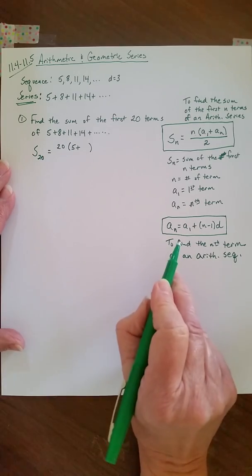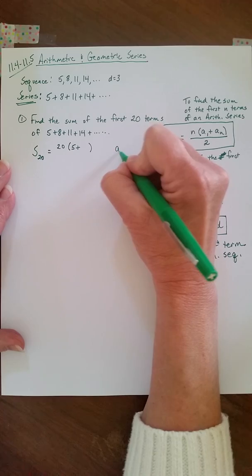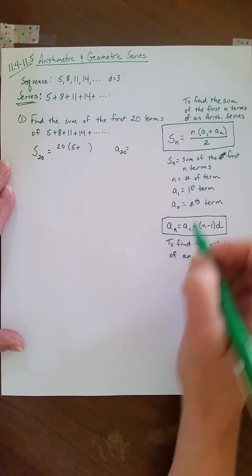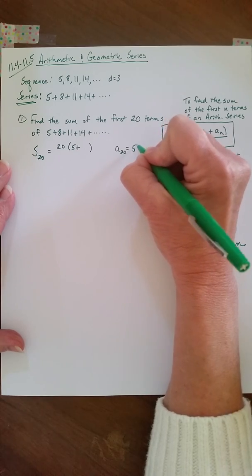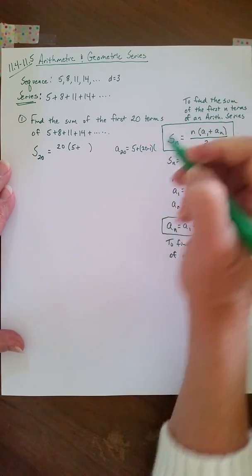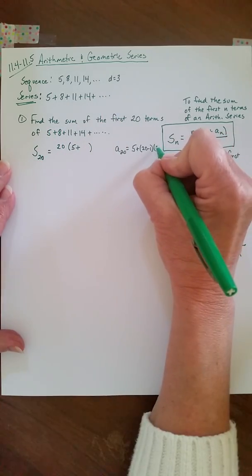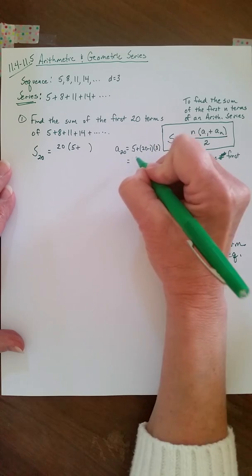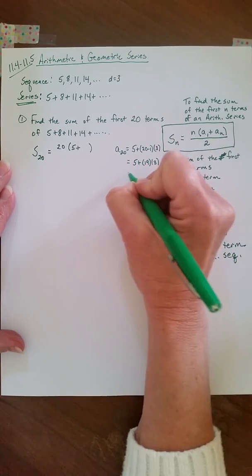So I need to find the nth term. Off to this side, I'm just going to find the 20th term. A sub 20 is the first term, which is 5, plus 20 minus 1 times the common difference. And remember, we talked about the common difference is 3 because you're always adding 3. So that's 5 plus 19 times 3.